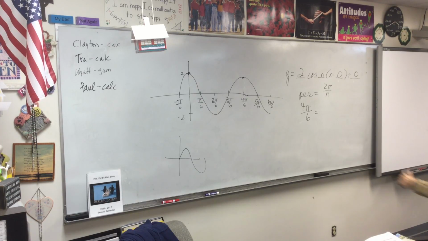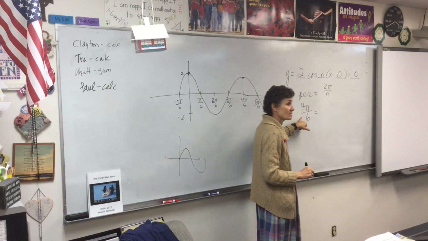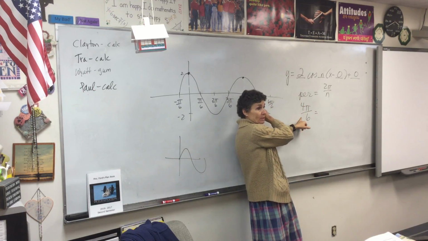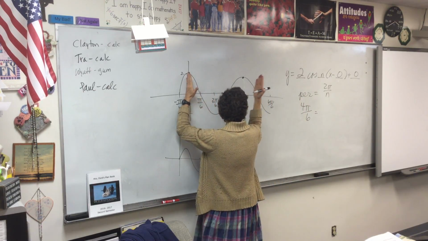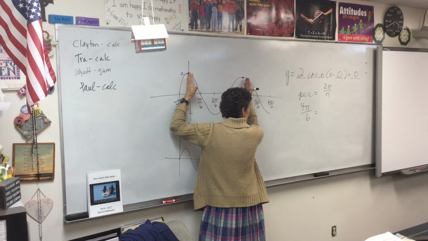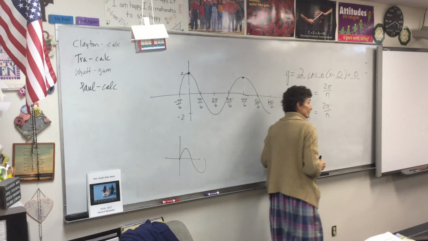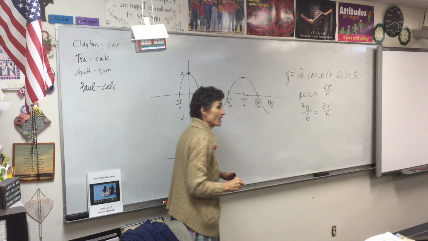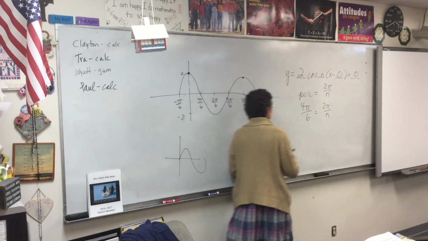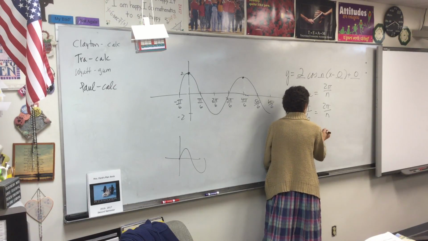Now, I don't know what that number is, but I know the period is 4 pi over 6. From the picture, high point to high point is 4 pi over 6. So 4 pi over 6 equals 2 pi over n. And now I'll solve. I'm just doing it backwards of how I normally do.